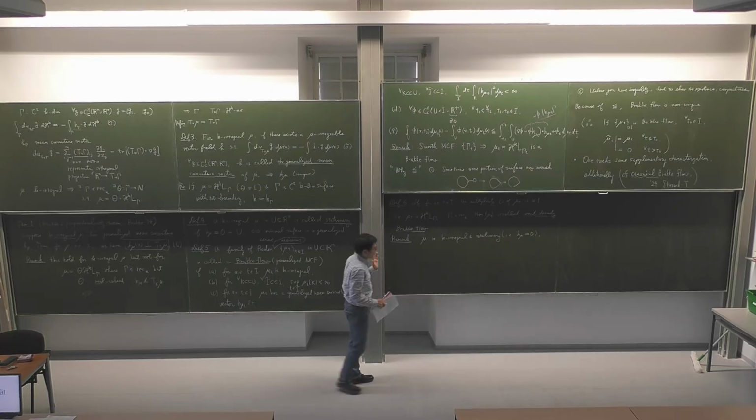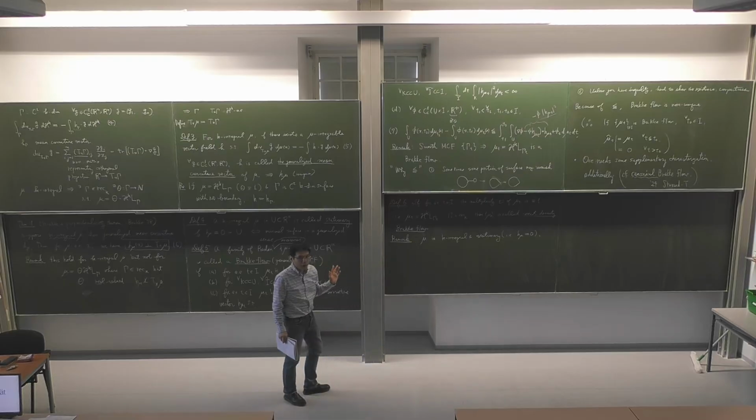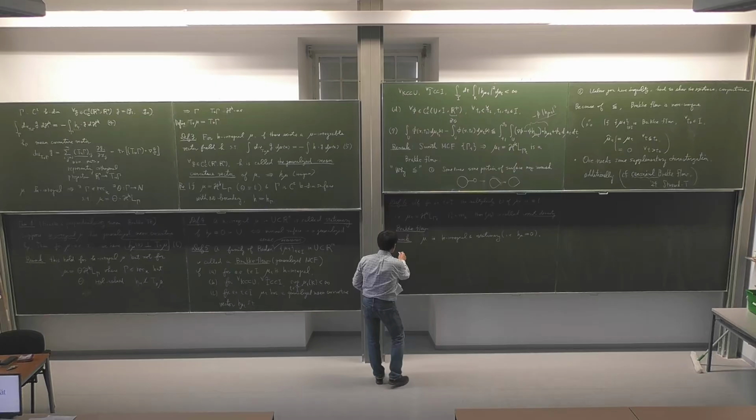So if mu doesn't depend on time, but is a k-integral measure and also stationary, meaning mean curvature equals 0, then this mu is a Brakke flow which is independent of time.